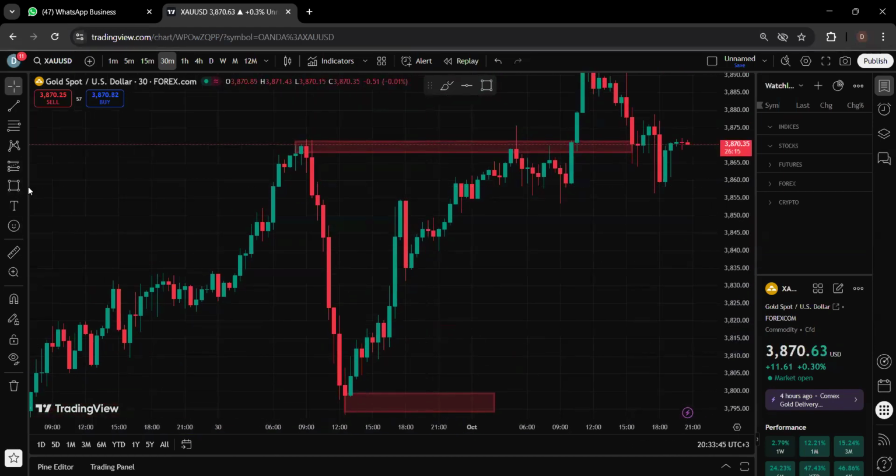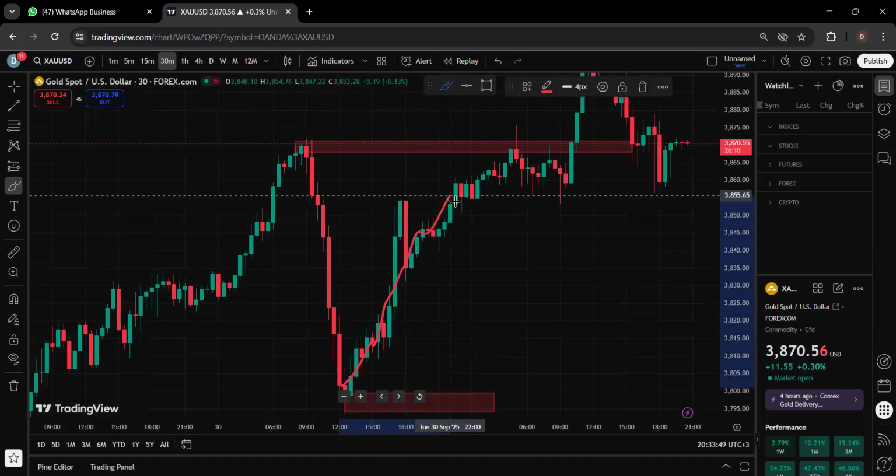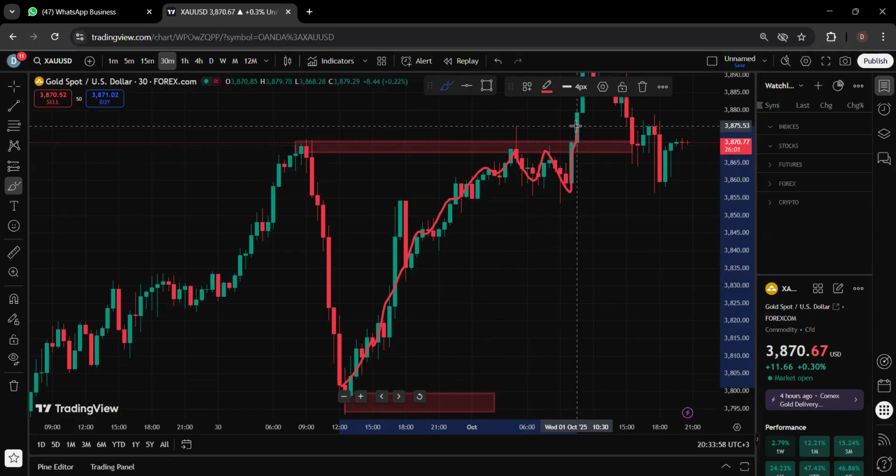Then the market came all the way with a lot of struggles back to our resistance. It was rejected, came back again strong, rejected, then came back again strong.